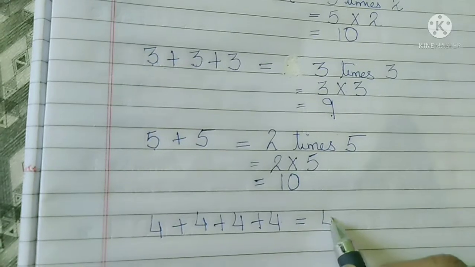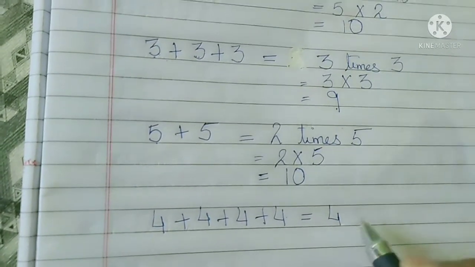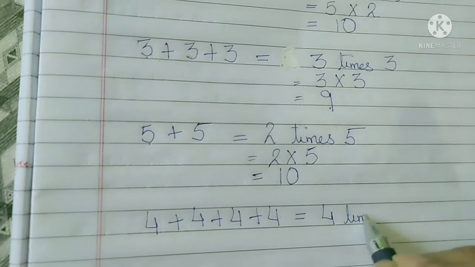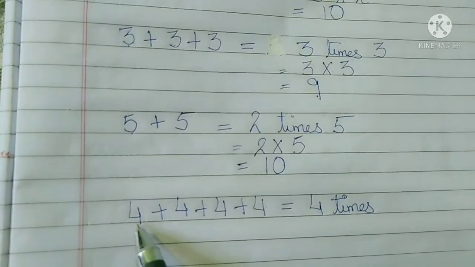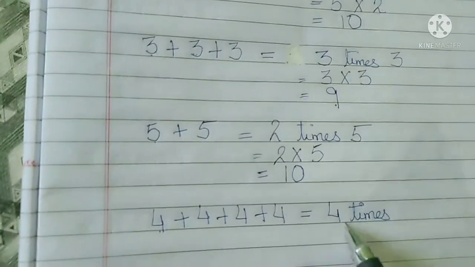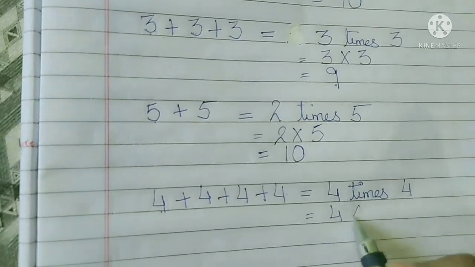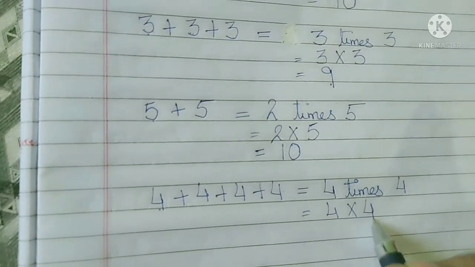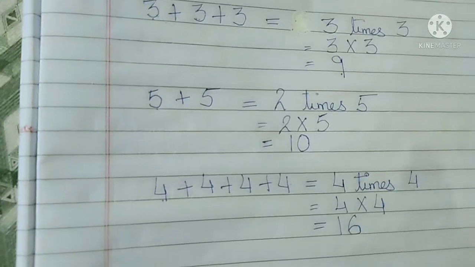When we write this in the multiplication way, for repeated addition, we will write 4 groups, that is 4 times, and in 1 group how many? There are 4 tomatoes. So we will write 4 times 4 equals 4 multiply 4. So 4 multiply 4 is 16.